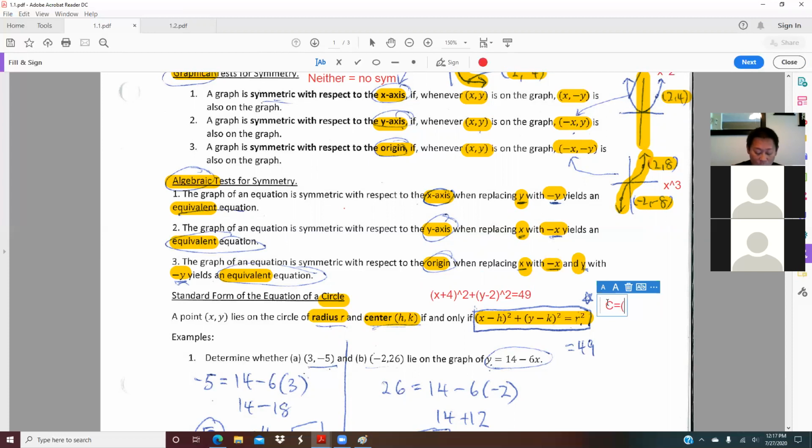And what is your radius here? Go ahead and you can talk to me or message me. Given the equation (x plus 4) squared plus (y minus 2) squared equals 49, can you tell me what is the center? It's a circle. What's the center of this circle and the radius of it?